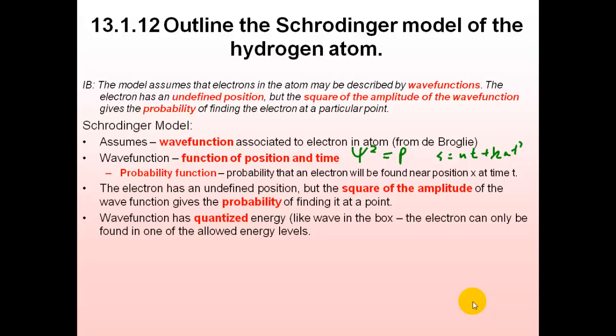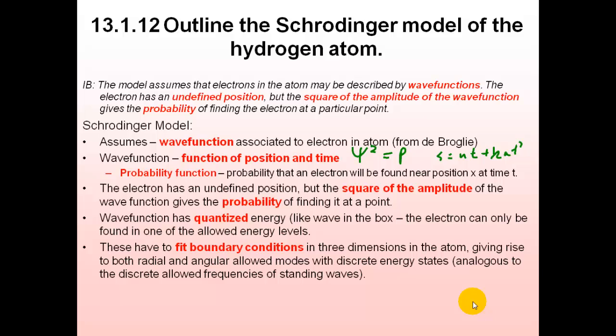This wave function has got quantized energy, a bit like the wave in a box. Only certain waves, therefore certain momenta, therefore certain energies were allowed to fit inside this box. The electron can only be found in certain energy levels. These levels have to fit the boundary conditions.